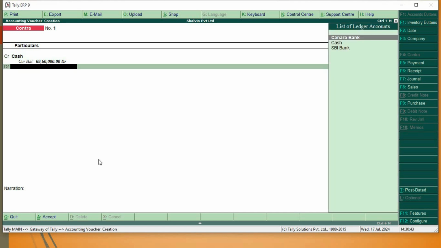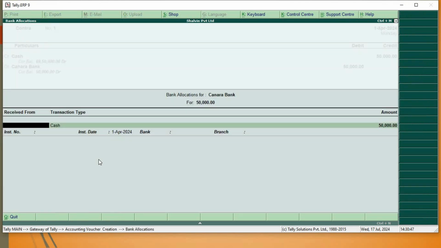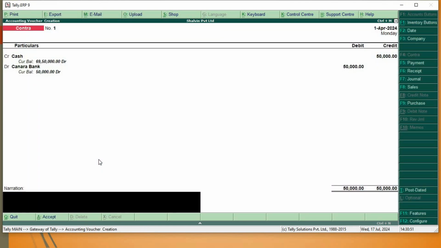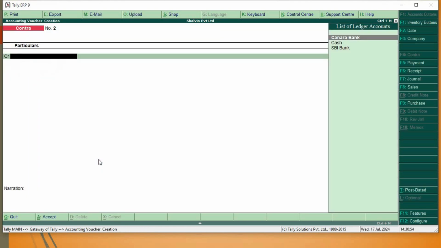It is 50,000. Debit, Canara Bank. And just accept this. You can also use Ctrl A to accept all the entries. Enter and accept this. The next one, withdraw cash from Canara Bank.